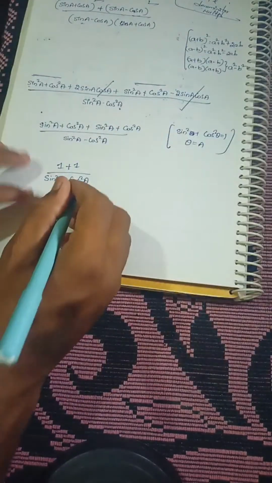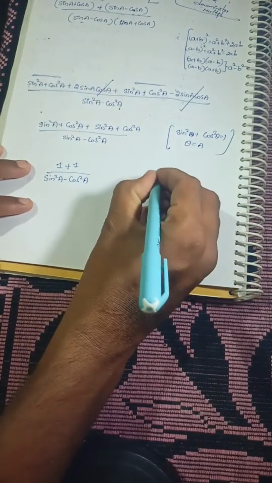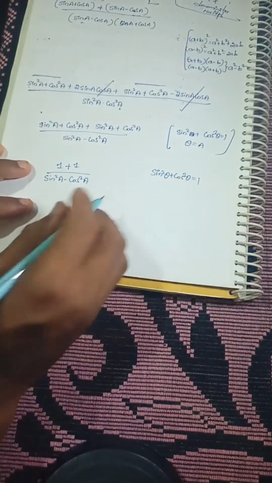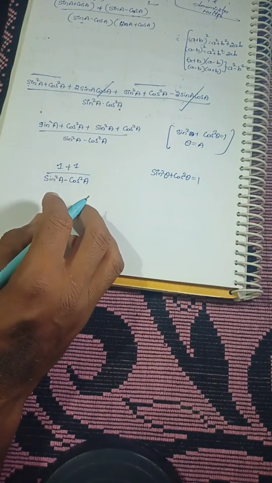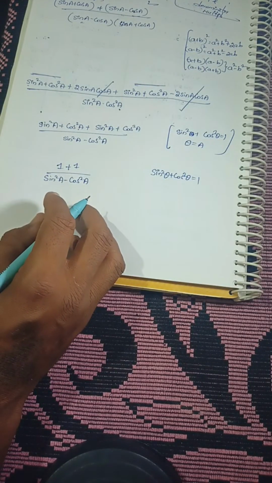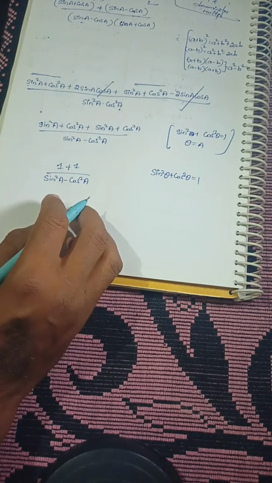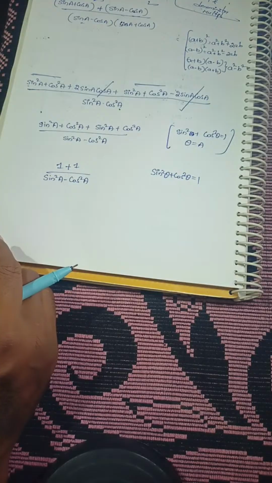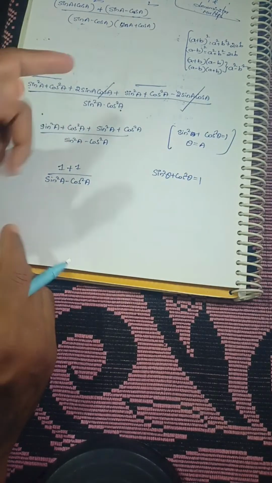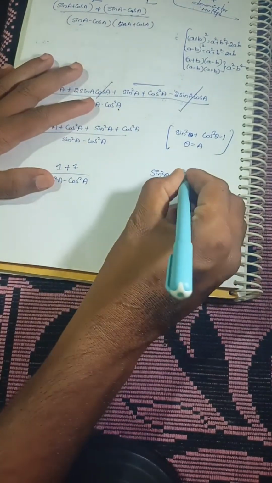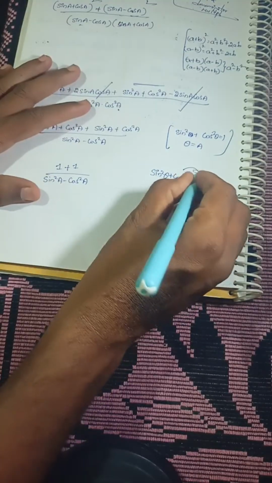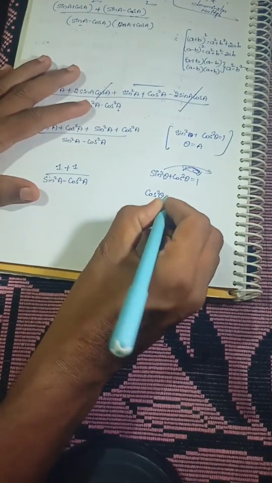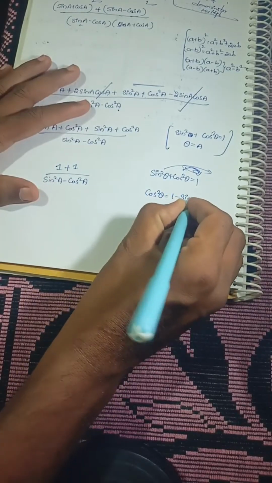Now here see, we know the identity sin square theta plus cos square theta is equal to 1. If we get cubes, we have to expand in the form of a plus b whole cube, a minus b whole cube. Take sin square to the right hand side: cos square theta is equal to 1 minus sin square.